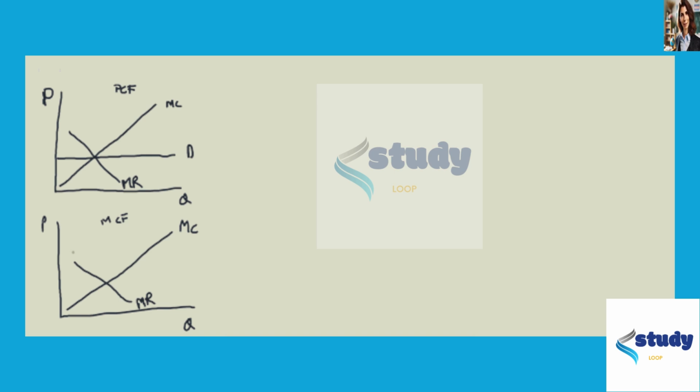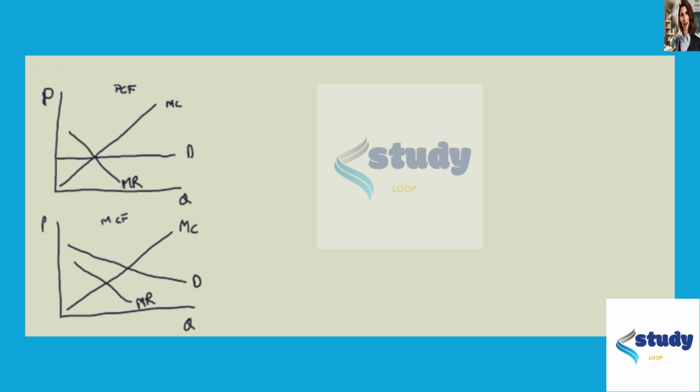Why? Well, we'll come to that answer a little bit later, but a monopolistically competitive firm, as the name suggests, has some monopoly. So it can charge higher prices for the same quantity. That is why this curve is downward sloping, right?